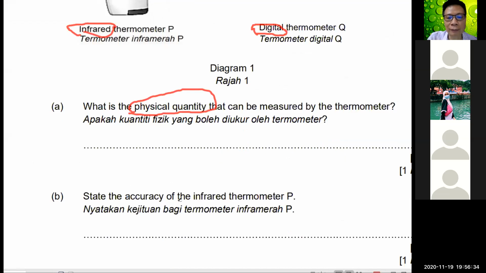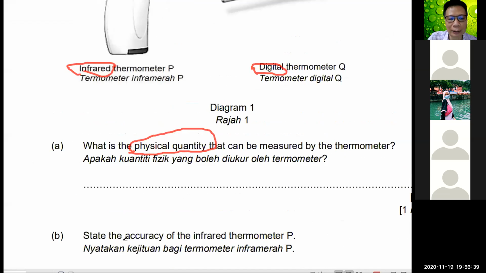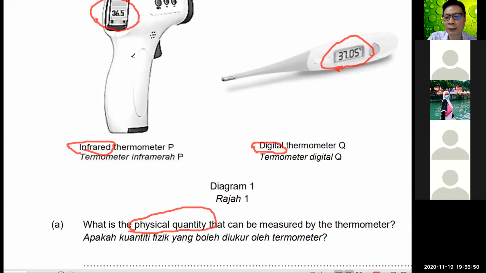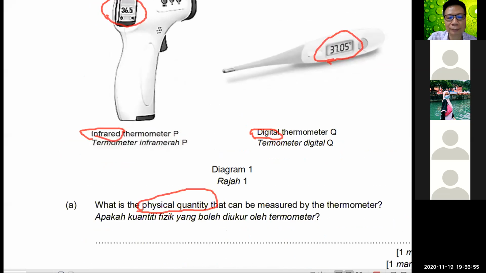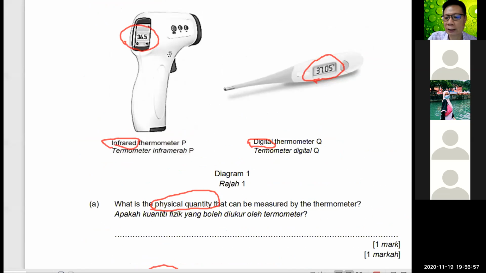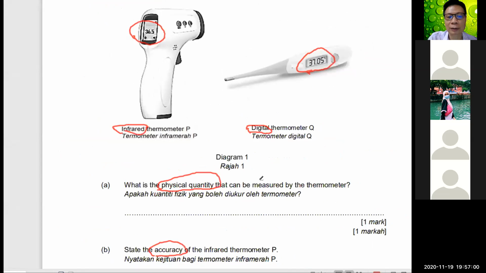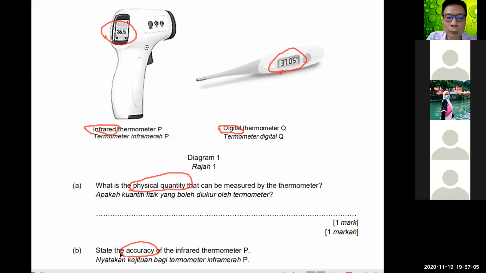State the accuracy of infrared thermometer P. If they ask what is the accuracy of the infrared thermometer, how do we give the answer?